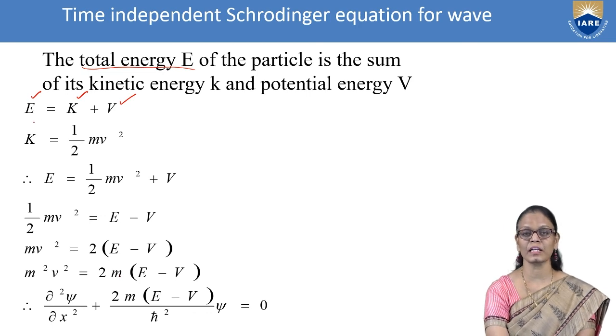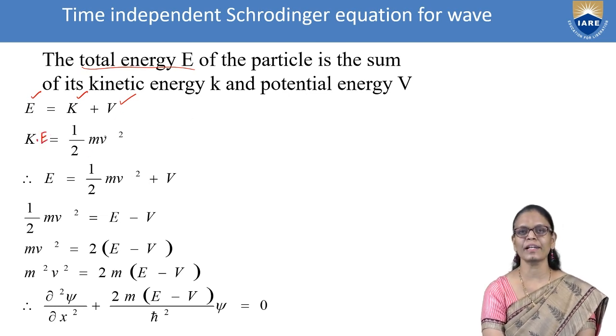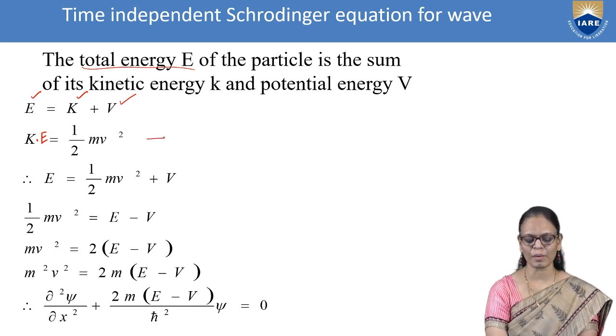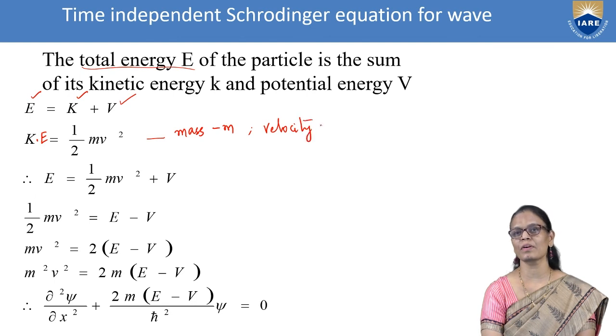So we are representing it as E is equal to K plus V. And what is K here? K is nothing but the kinetic energy. The kinetic energy is given by half mv square, because when we are talking about the particle, the mass of the particle is given by m and the velocity is given by v.